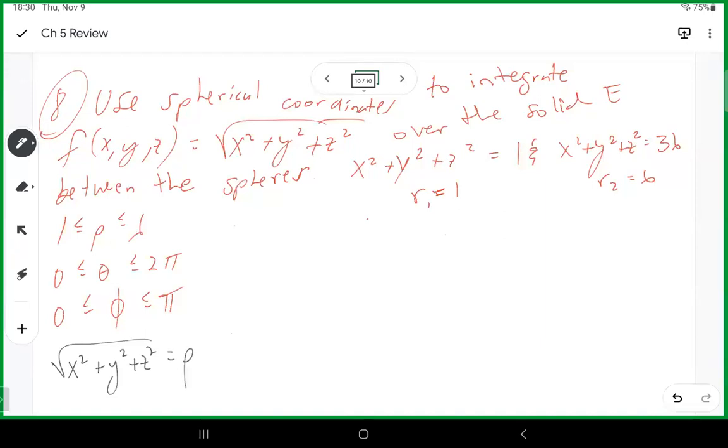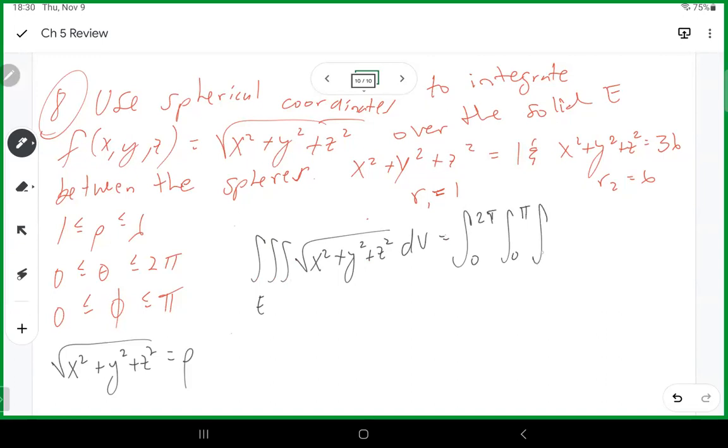So then we would have the integral equal to 0 to 2 pi, 0 to pi, 1 to 6.